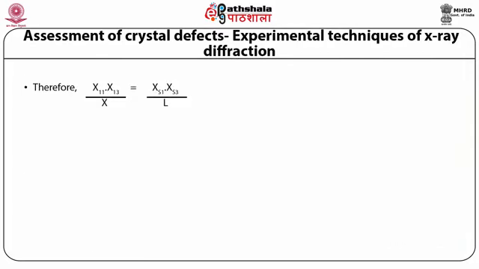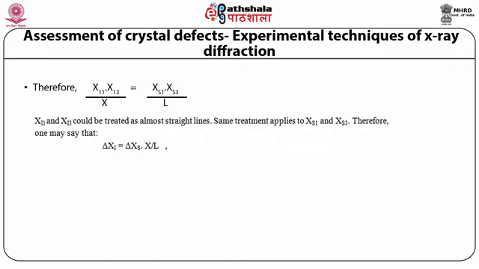Therefore, xi1 xi3 by x is equal to xs1 xs3 upon L. xi1 xi3 could be treated as almost straight lines. The same treatment applies to xs1 xs3.